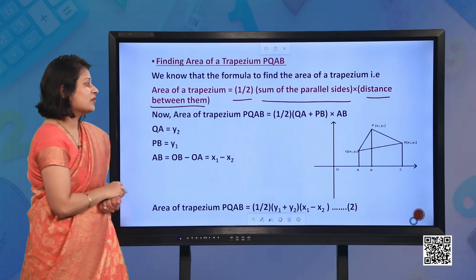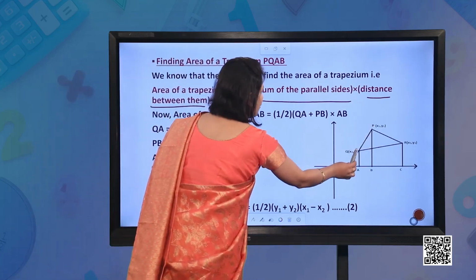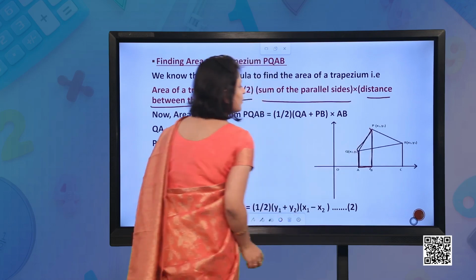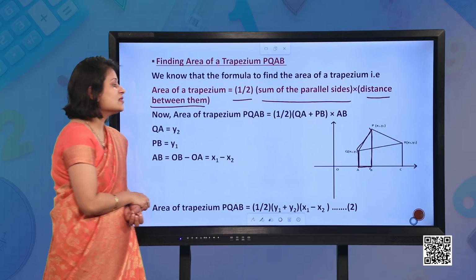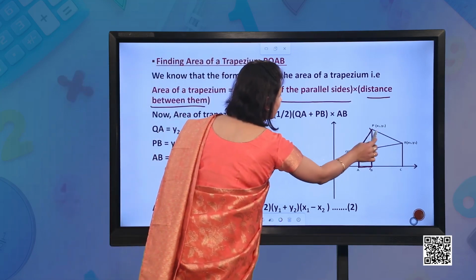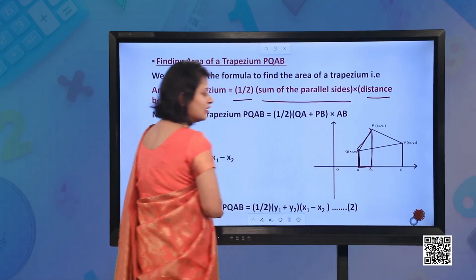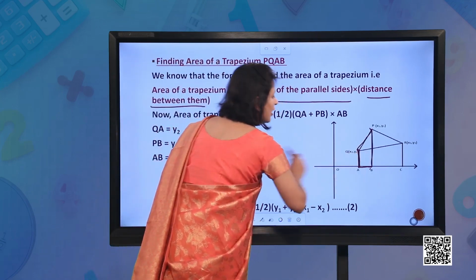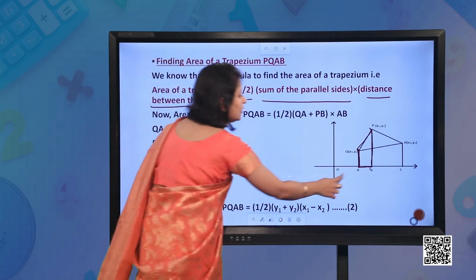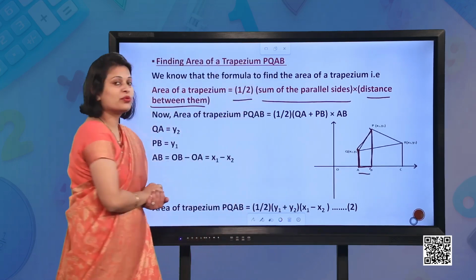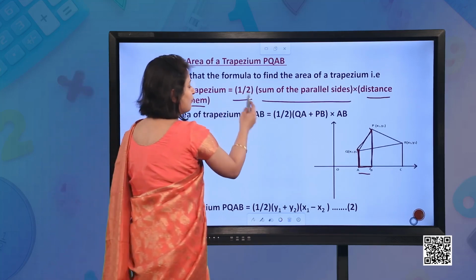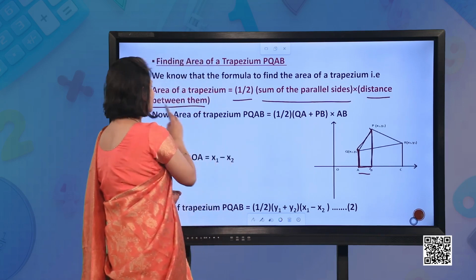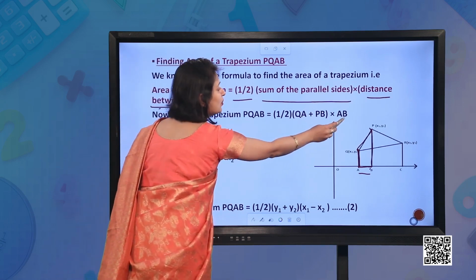As you can see here, we have considered this trapezium PQAB first. Here the parallel sides are QA plus PB. Both are parallel, and the distance between them is AB. So substituting the values in the formula, you get half into QA plus PB into AB.